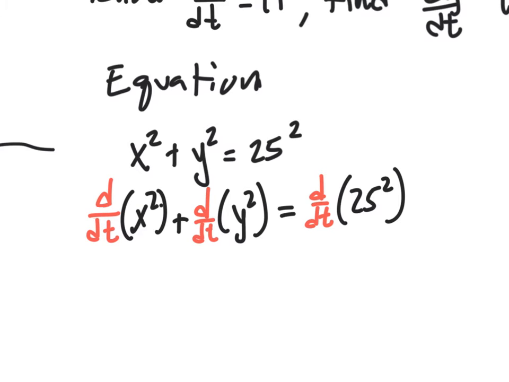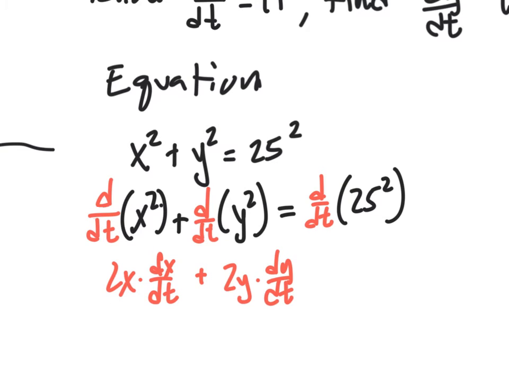So here's what we get. Because the t and the x don't match, we end up getting 2x times dx/dt, and then 2y times dy/dt. This is just using implicit differentiation. And the derivative with respect to time of a number is just going to be 0.